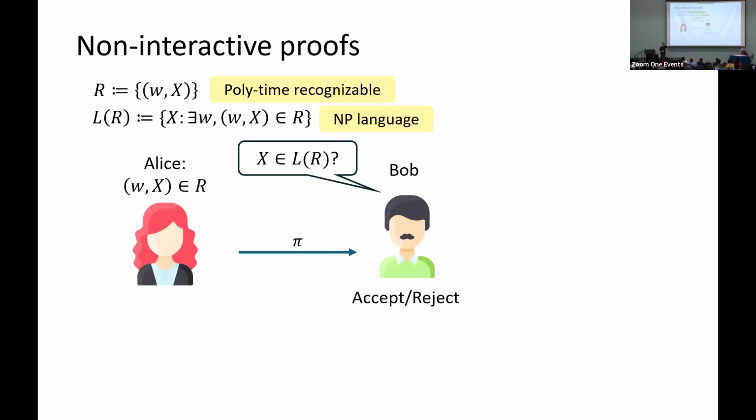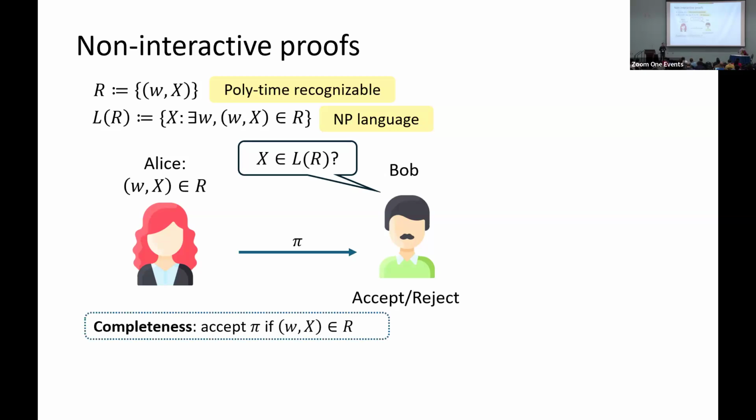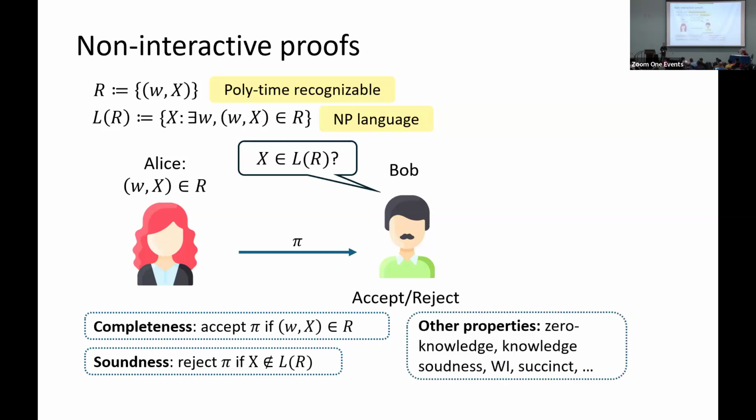We say π is a non-interactive proof if Bob will always accept if Alice holds the correct witness, and Bob will always reject if X is not in the language. For example, the proof can be just a witness. To make the problem non-trivial, we really consider additional properties such as zero knowledge.